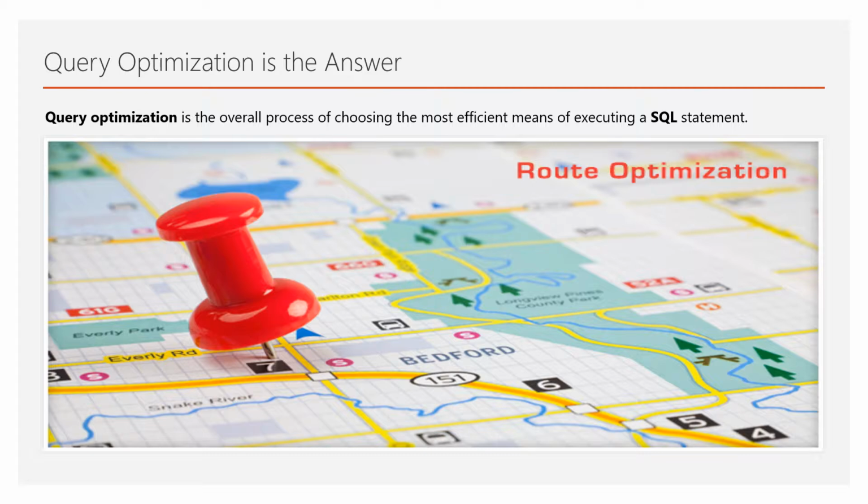Thus, query optimization is the overall process of choosing the most efficient means of executing a SQL statement. For example, the optimizer chooses the route with the lowest traffic conditions among all considered candidate plans. The optimizer uses available statistics to calculate traffic. For this reason, all SQL statements use the optimizer.